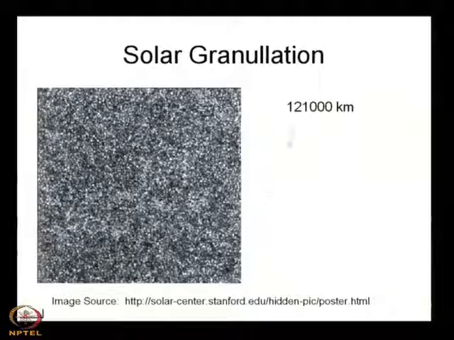The Earth's radius is 6,000 kilometers, so this is roughly 20 times larger than the radius of the Earth. You have these bright spots and dark spots. This granular structure on the sun is produced by convection that takes place near the surface of the sun.